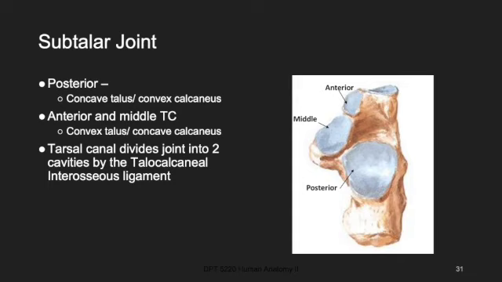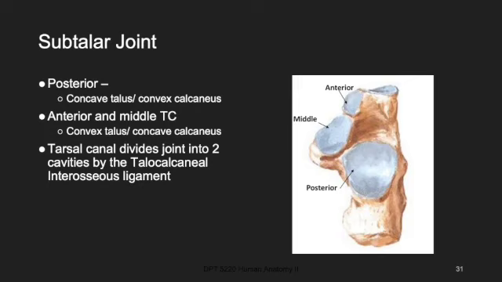Now, looking at the subtalar joint, again, take a look at the joint. Obviously, what we're looking at here is a concave talus on a convex calcaneus in terms of the subtalar joint. Now, I understand that I just said that the talus is a big old convex surface, but when we're looking at the subtalar joint specifically, this is what we're looking at.